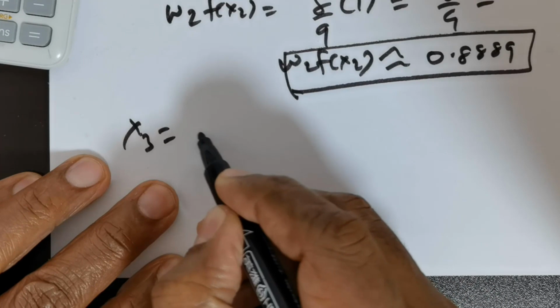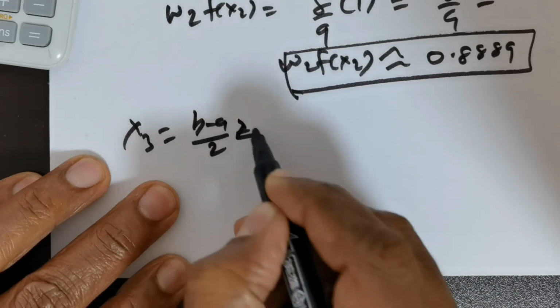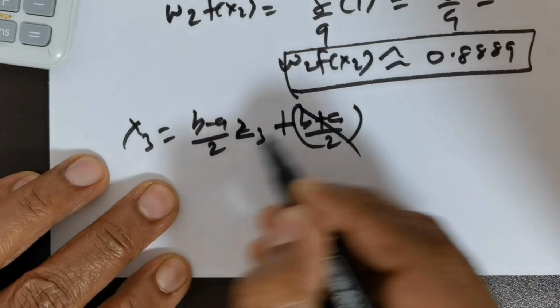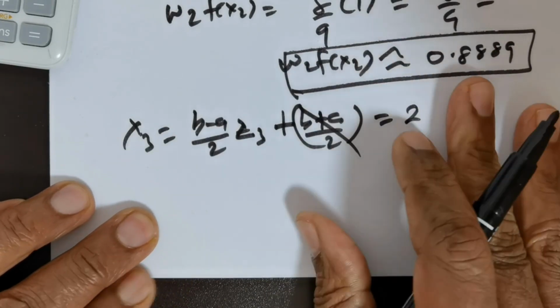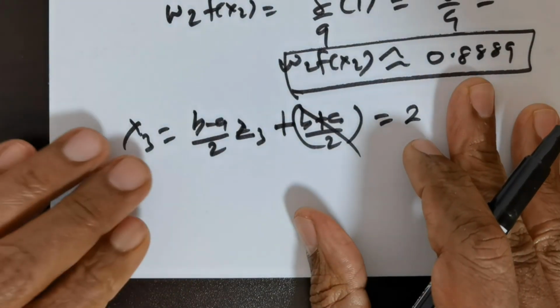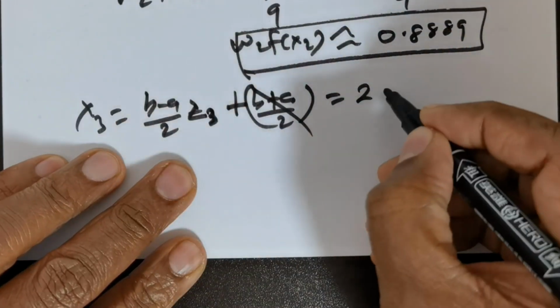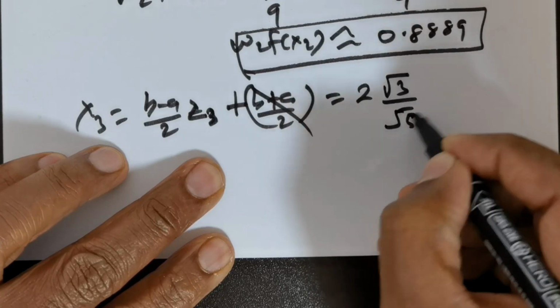So x3 is (b negative a) times z3 plus (b positive a) divided by 2. This is 0. This one is 2 units multiplied with z3. Now what is my z3? My z3 is root of 3 divided by root of 5.